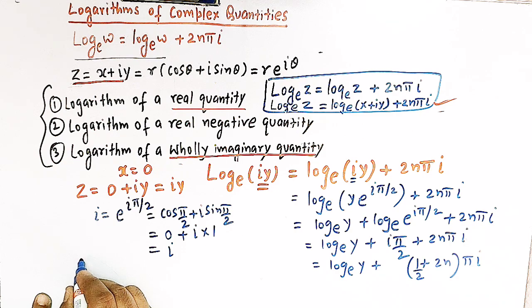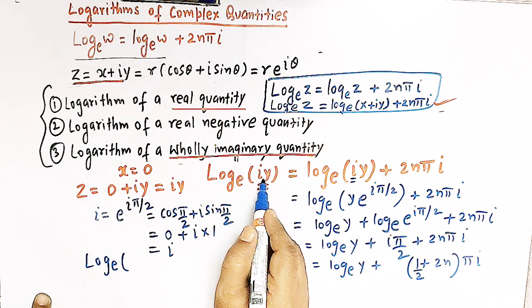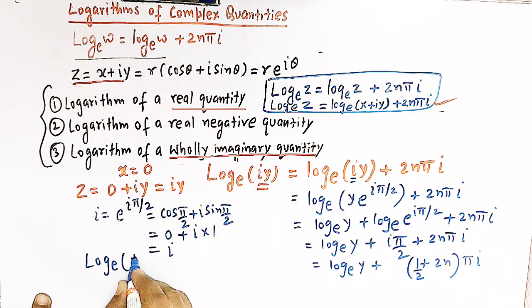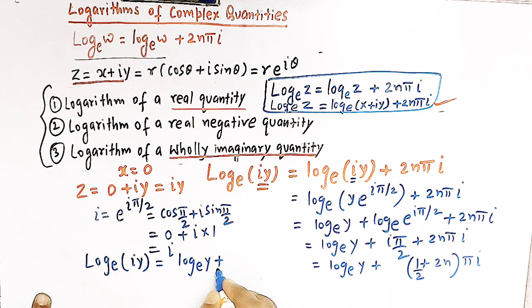So the general value of the logarithm of this purely imaginary quantity iota y can be written as log of y plus 2n plus half, times pi I, right?